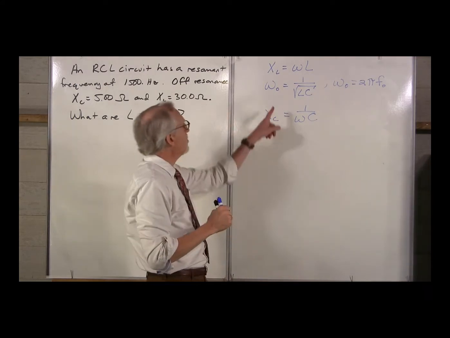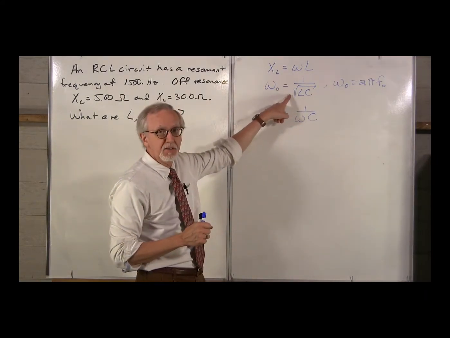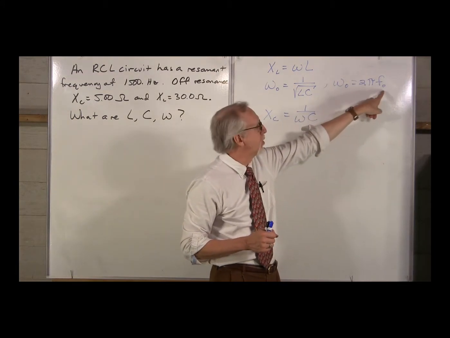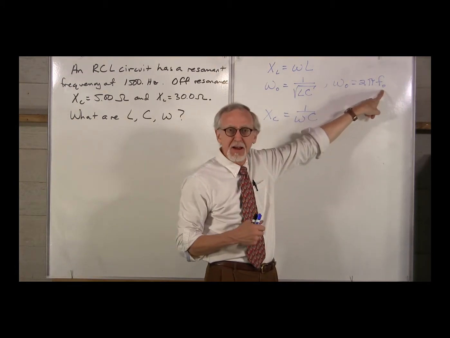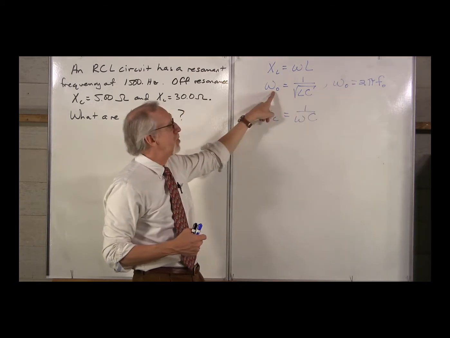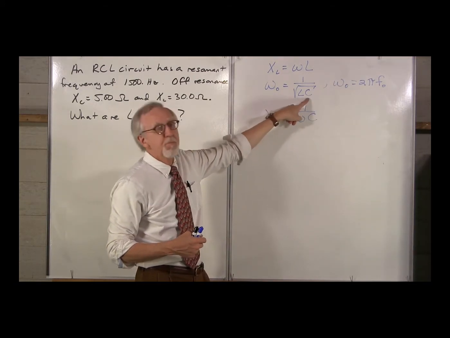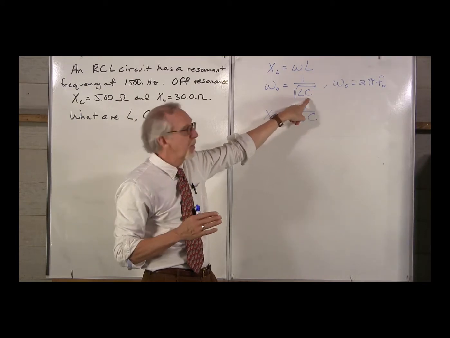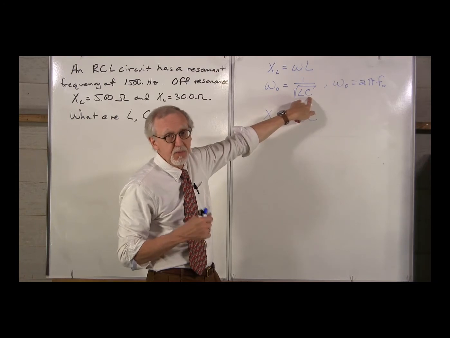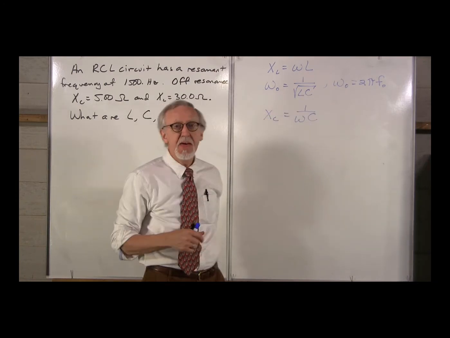So we know that omega naught is 1 over root LC, and omega naught is 2 pi times F naught. So here's F naught. That's the quantity we're actually given, which we can use to determine omega naught. And then given omega naught, we can figure out, well, maybe not what either of those are, but we can figure out what the product of L times C is. And then, what else?